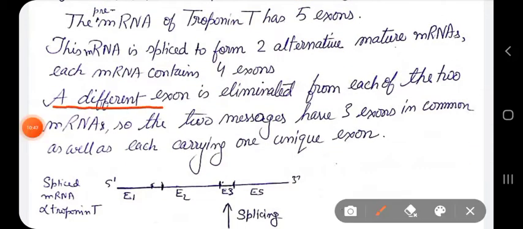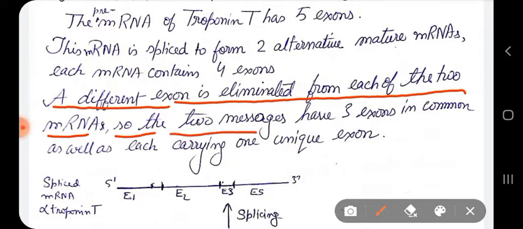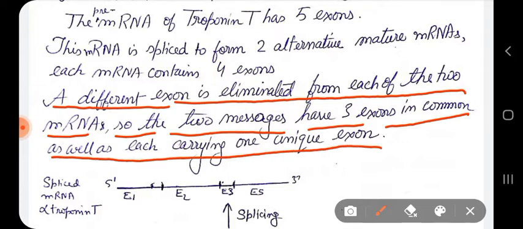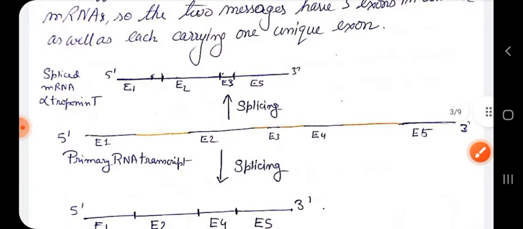A different exon is eliminated from each of the two mRNAs, so that the two messages have three exons in common, as well as each carrying one unique exon. So here we can see a simplified diagram.